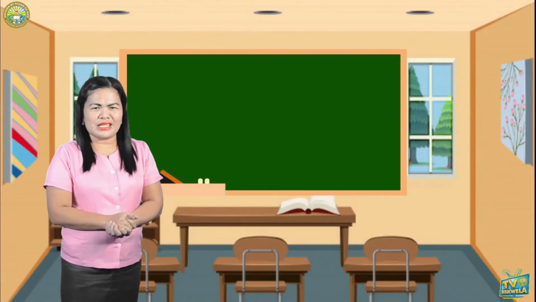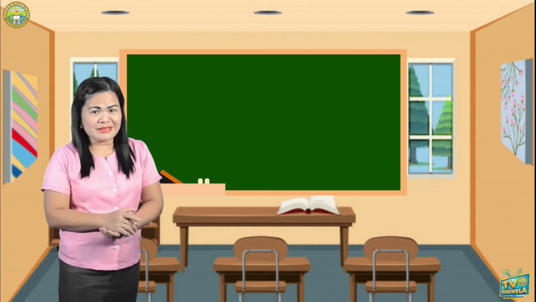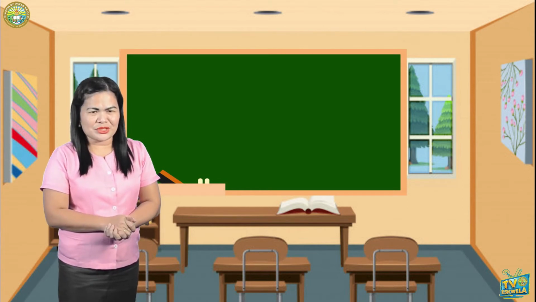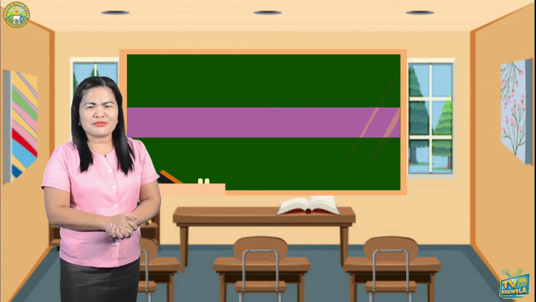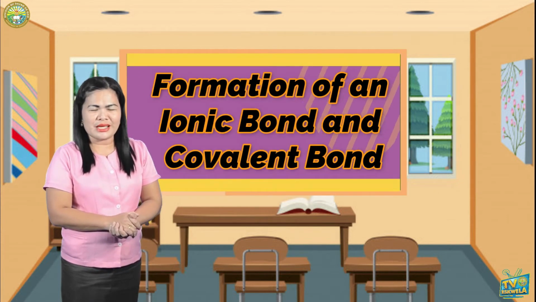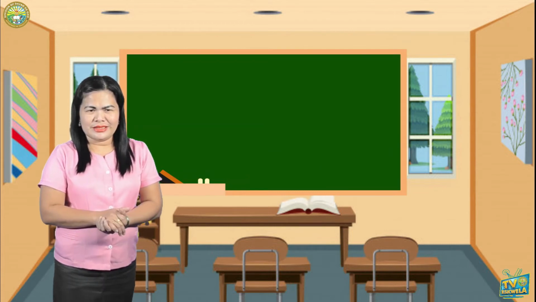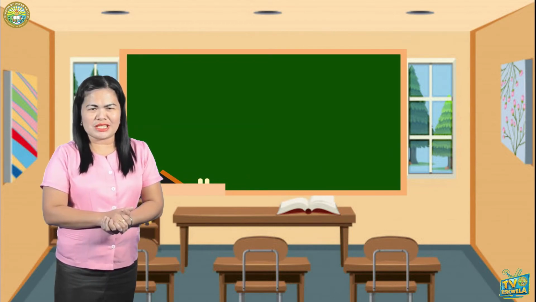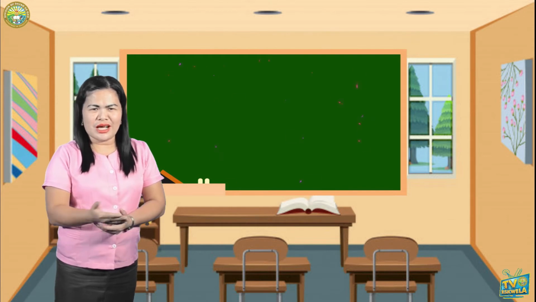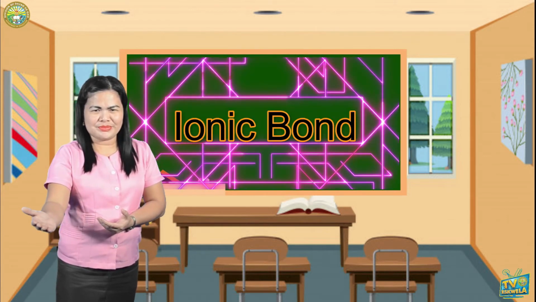That is all about electrons and energy levels. Isn't it amazing? Our topic for today is all about formation of an ionic bond and covalent bond. We will start with our first lesson, which is ionic bond.